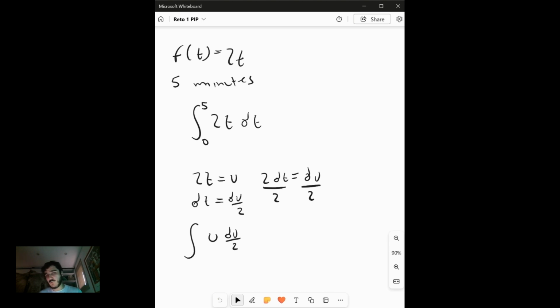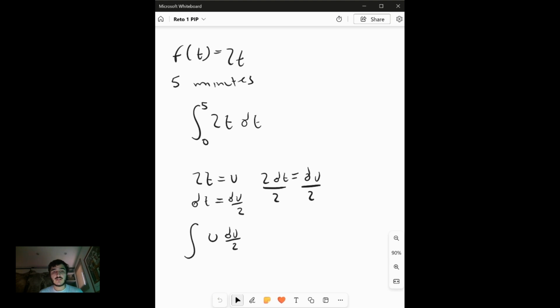And now, we would like to have some limits, right? But they cannot be the same ones as in the past equation because the limits have changed, because we have changed the variables. So what we can do is take the definite integral from u of 0 to u of 5, right?